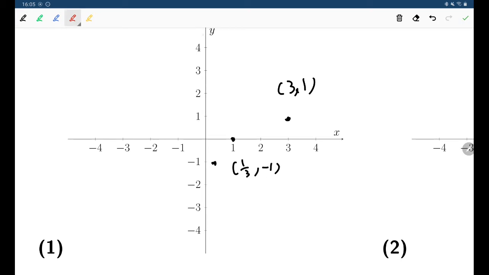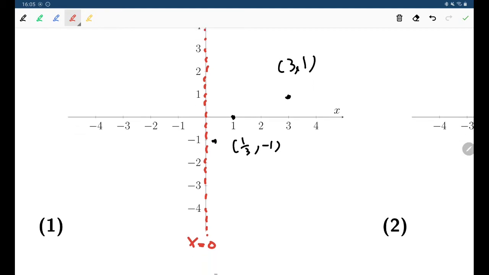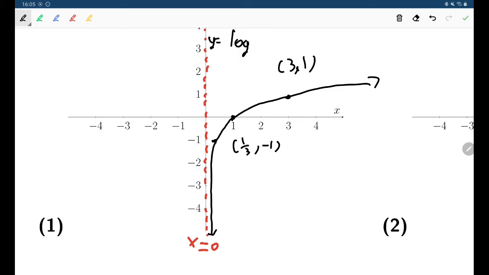We're going to have that vertical asymptote x equals 0. And our graph will look a little something like this. So this is our graph of y is equal to log base 3 of x.